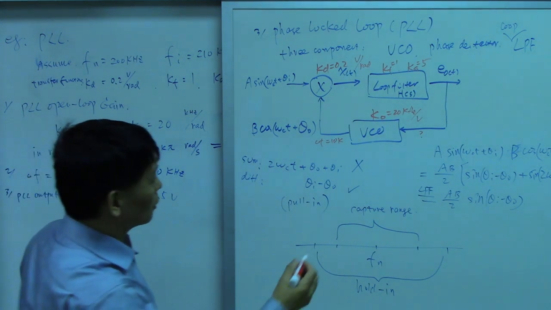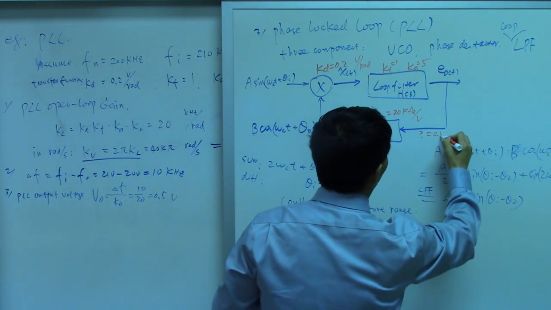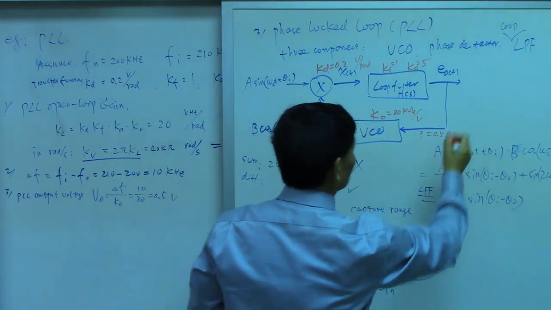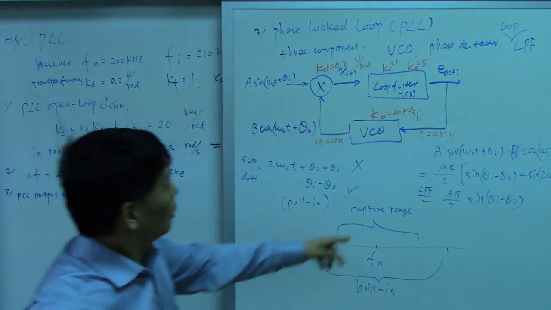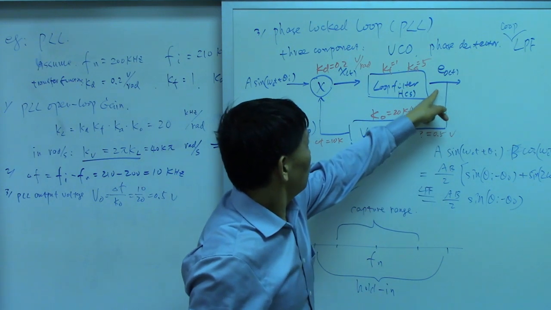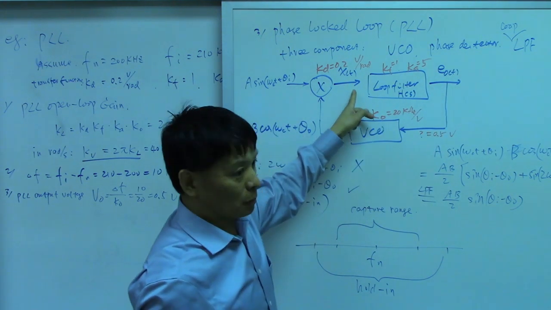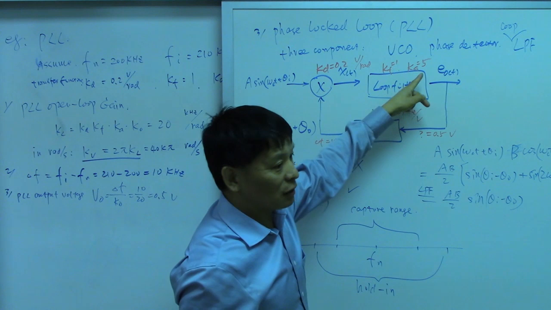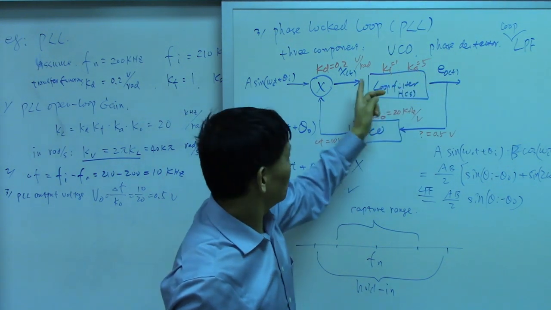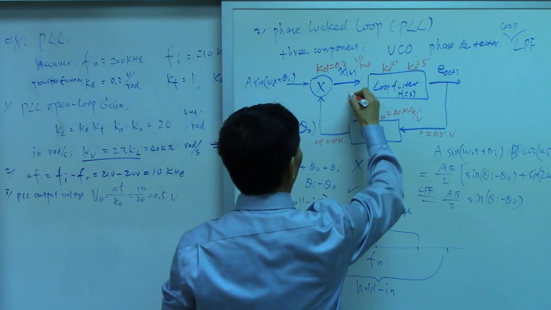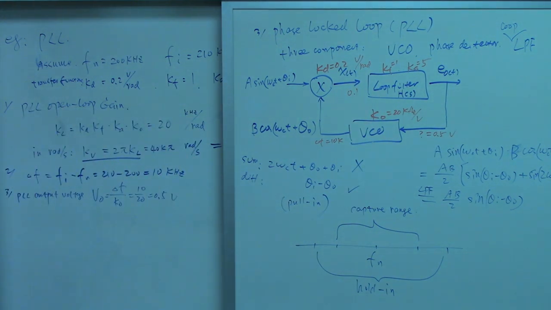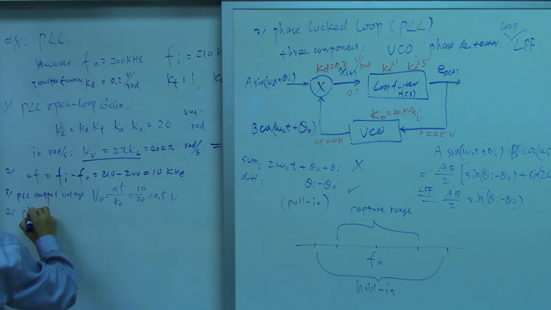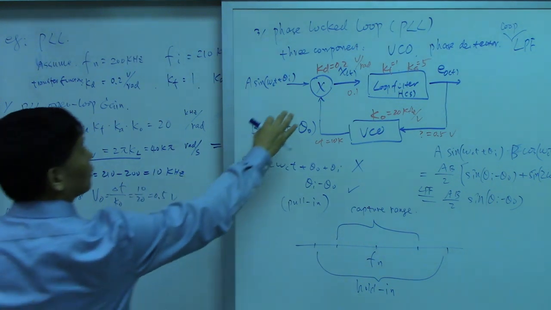So we know this one here needs to be 0.5 volt. Since the gain of 1 and 5 multiplied together equals 5, the output here will be 0.5. Next is the output voltage of the phase detector.